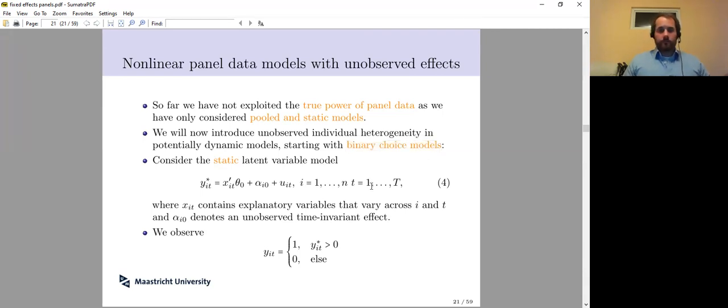Normally, in the static case, we would like to have a latent variable model where we include some alpha i0. This alpha i0 is really our fixed effect.